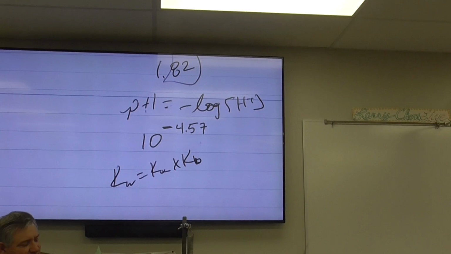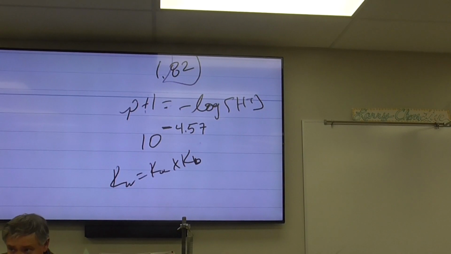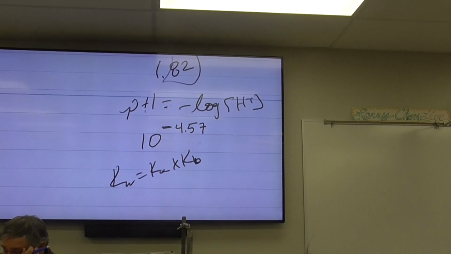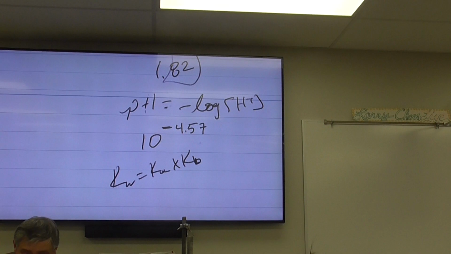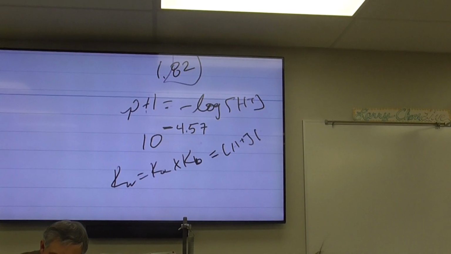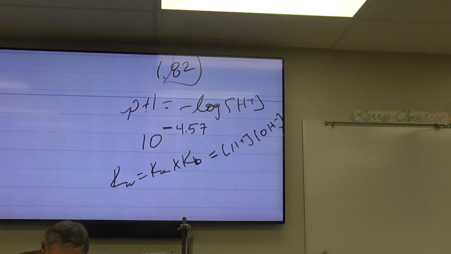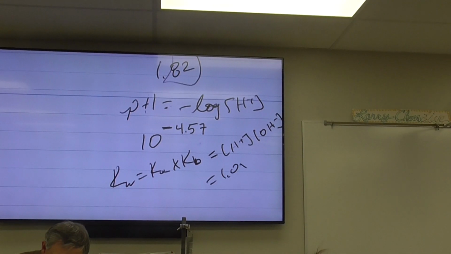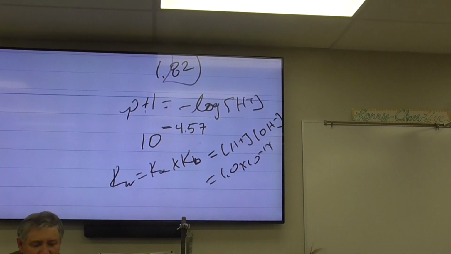So here's the importance of this. This Kw is at 25 degrees Celsius, but you just always assume that you're at 25 degrees Celsius. Notice that Kw also equals your hydronium ion concentration times your hydroxide ion concentration, which equals 1.0 times 10 to the negative 14.